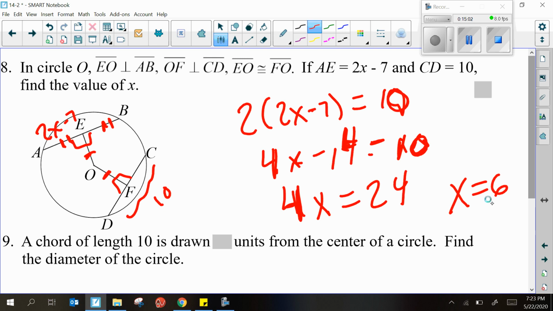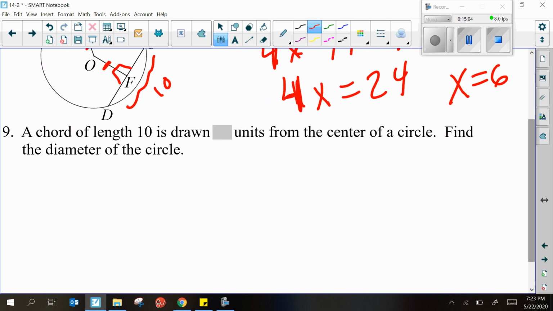And our last one: a chord of length 10 is drawn 12 units from the center of the circle. Find the diameter of the circle. So draw your circle. The chord is a length of 10 and it's 12 units from the center. All right, so here's my chord.